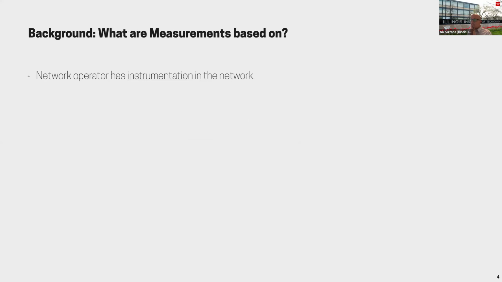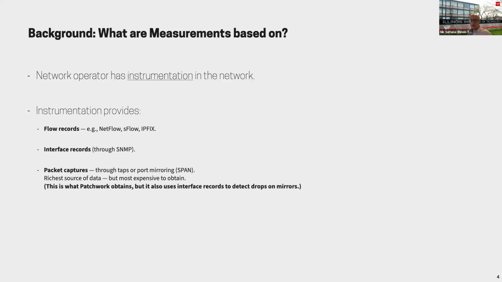All right. So as we know, we go about measurements by instrumenting the network, and typically this relies on the capabilities of hardware in order to try to ensure that the instrumentation doesn't get in the way of actually doing productive work.